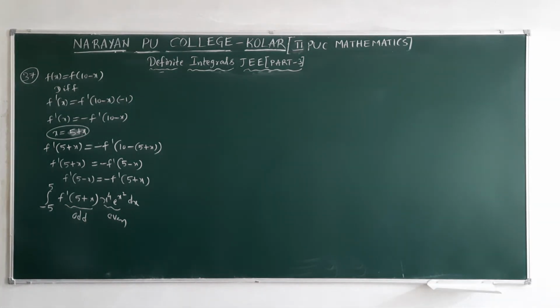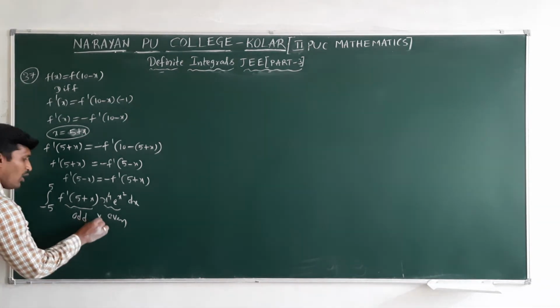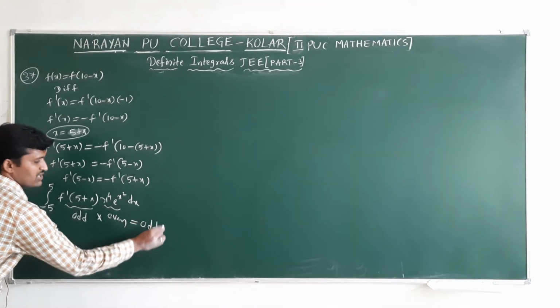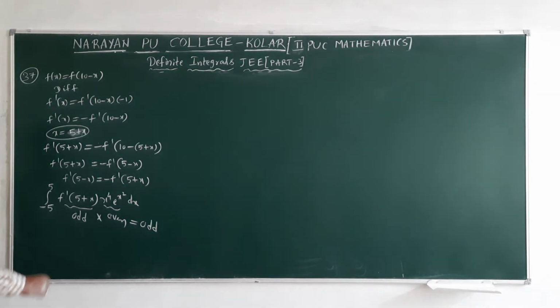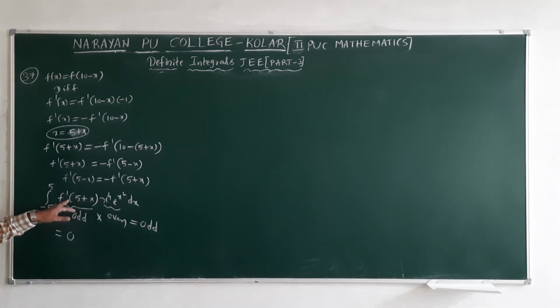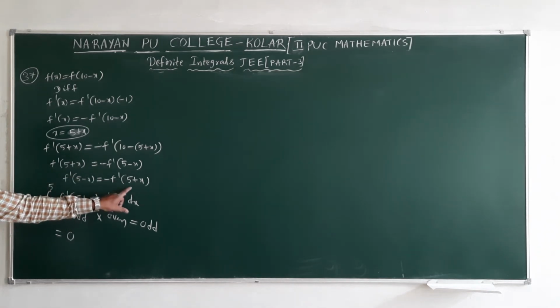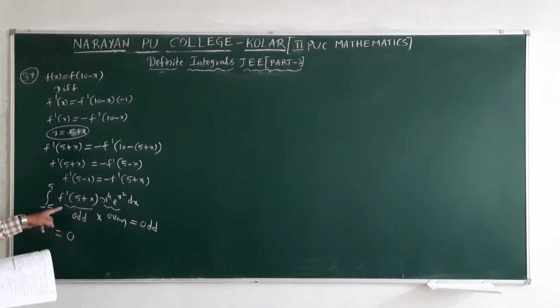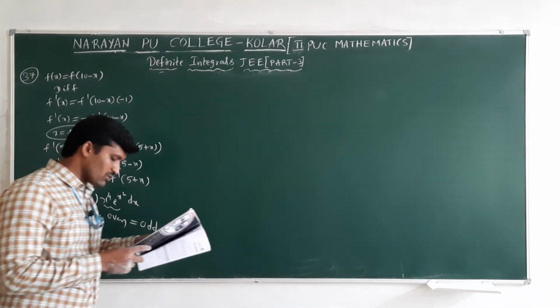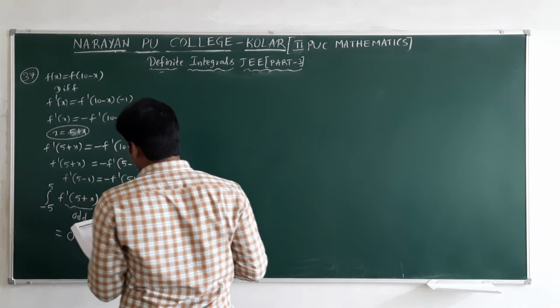Odd into even function, what will you get? Odd into even is an odd function. For an odd function, the value becomes what here? 0. Clear? No need to verify again because of f dash of 5 minus x, simple logic here, if we replace the minus, we get this much. Okay? That's why here odd into even function, the value becomes 0. Next.